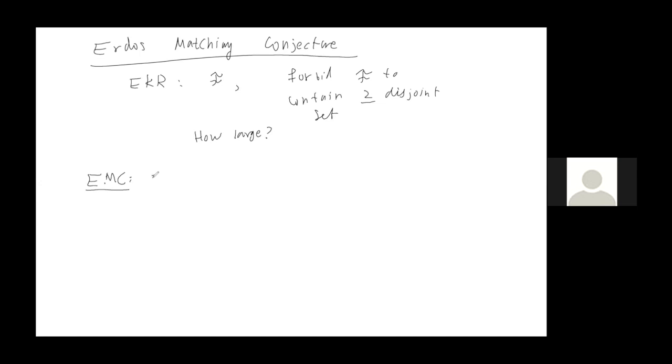So we have s, and we have our F, and we forbid F to contain a matching of size s, meaning s pairwise disjoint sets.